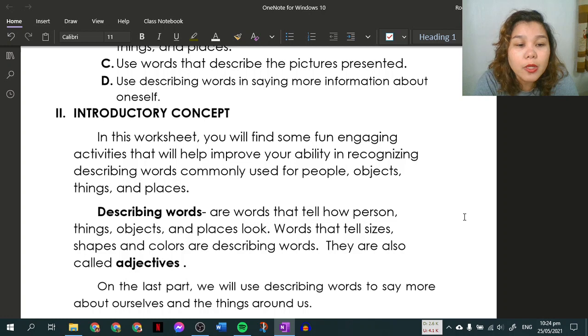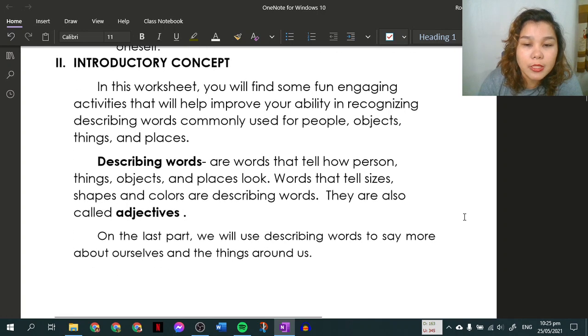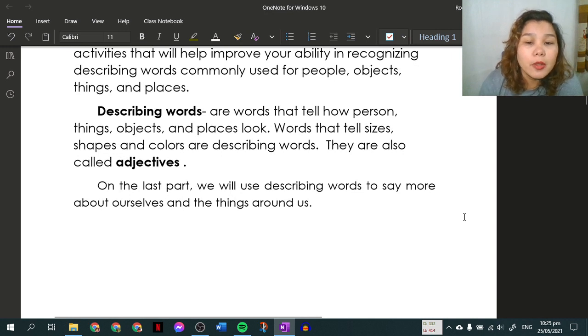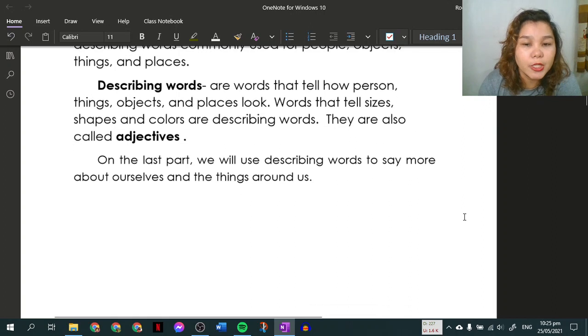In some books, they call it describing words, adjectives, and then I forgot the other term. So later I might mention it. And then on the last part of this module, we will use describing words to say more about ourselves and the things around us.